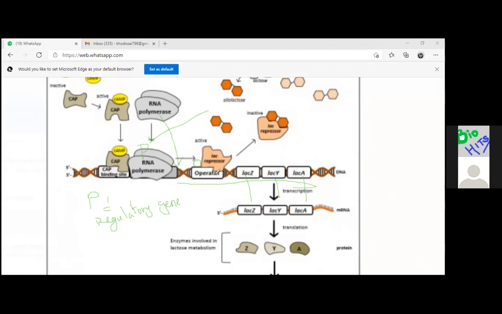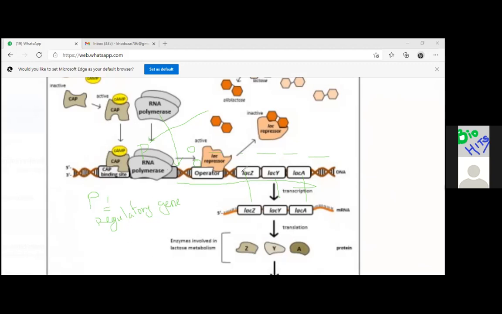So the operator is the region where the control is. We call it the operator. The operator region is present right after the promoter region, the P zone. So first is the P zone, next is the O zone, and third is a cluster of genes which are working for one function. What was that one function? To break down lactose.